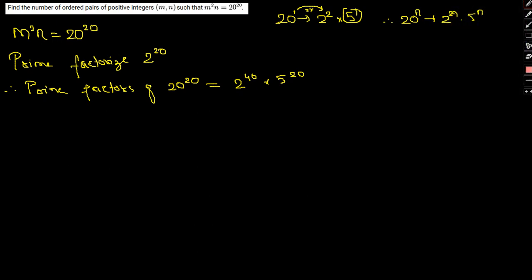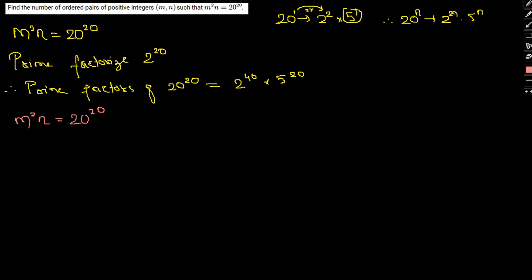Now we are given m square n equal to 20 to the power 20. So what does this mean?